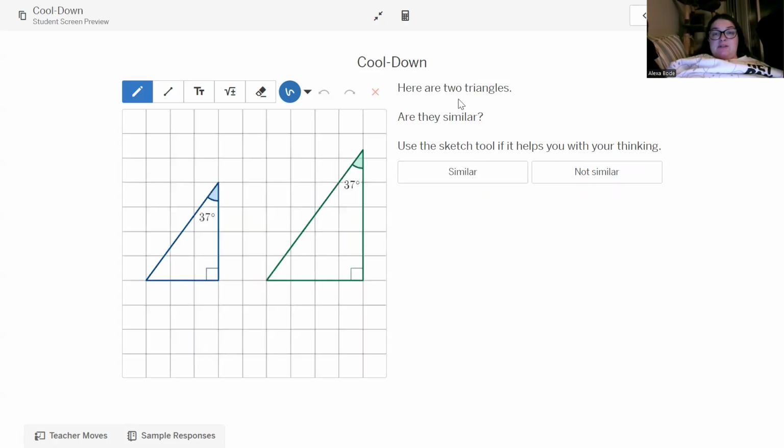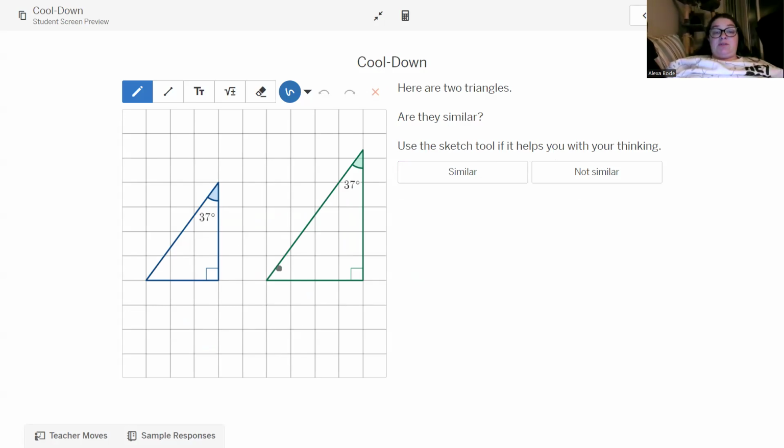I then also want you to tell me, are these two similar or not? Again, you can use the sketch tool. It gives you 37 degrees up here and then two right angles. Remember what a right angle is when you have the box, that's a right angle. So what degrees is that? Figure out, are these two triangles similar or not?